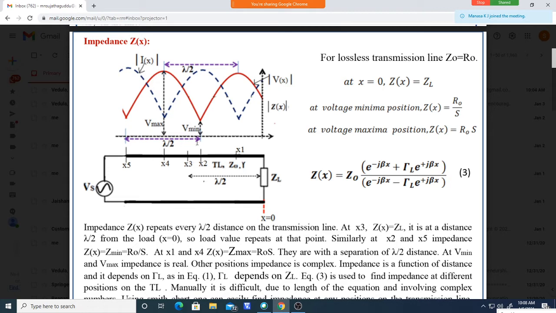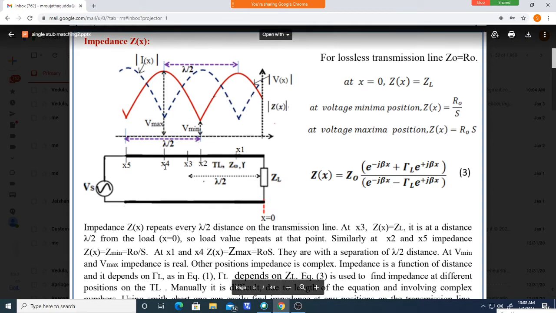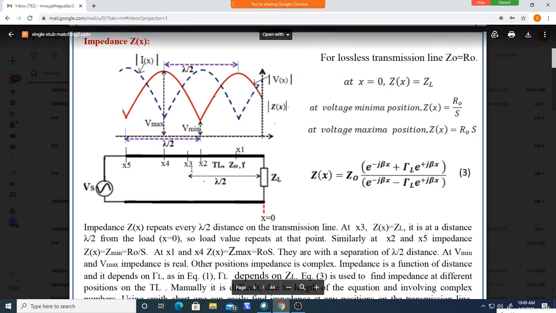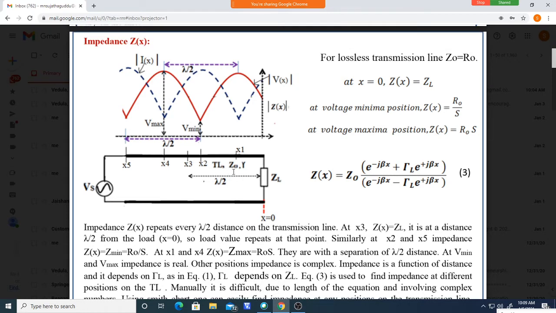If you do not treat it as a transmission line, if you measure impedance at any point here, x3, x4, or x2, x5, impedance is equal to ZL. But if you treat this as a transmission line, we will observe the impedance measured is not the same as here. That's why this ZL will repeat again at a lambda by 2 distance.